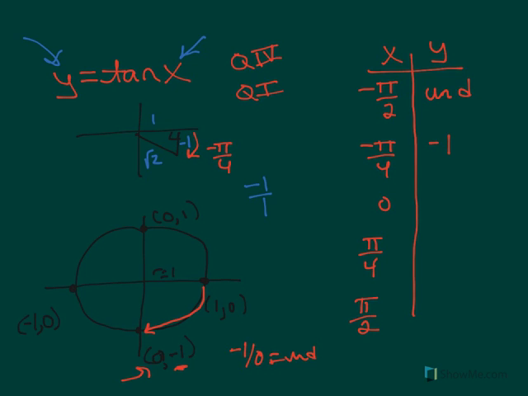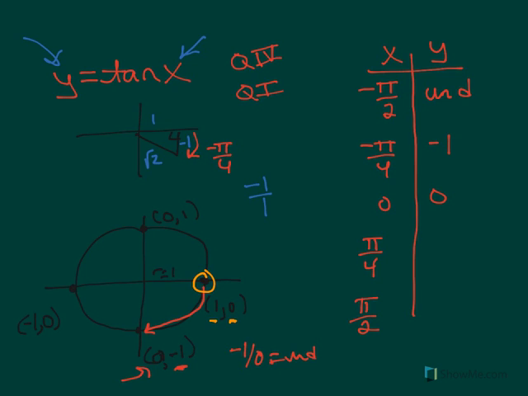And then let's go ahead and do a rotation of 0. We can go back to the bottom picture for this. If we rotate 0, that's going to leave us right here. So your tangent ratio here at 0 is y to x. So 0 to 1, that's going to get you 0. 0 divided by 1 is 0.